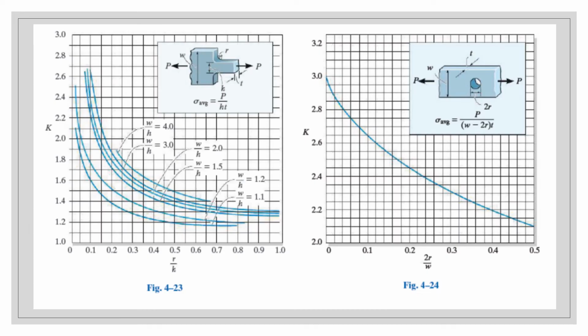Since 2R over W is 0.1, going up and intersecting the curve, the value of our K is 2.64.